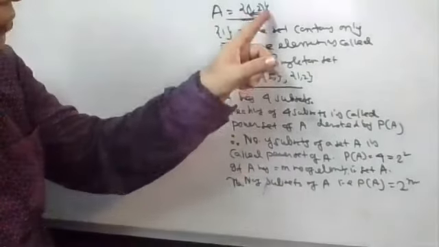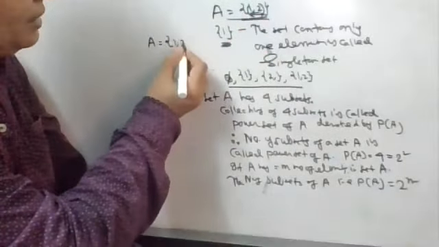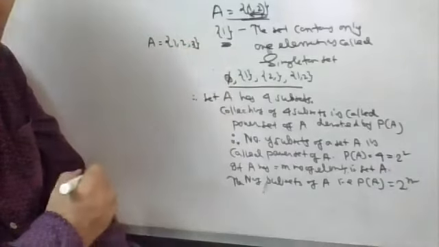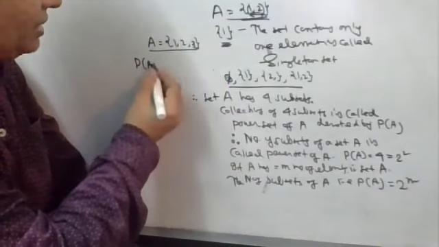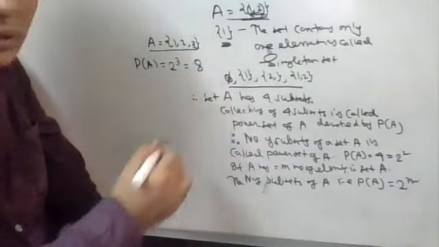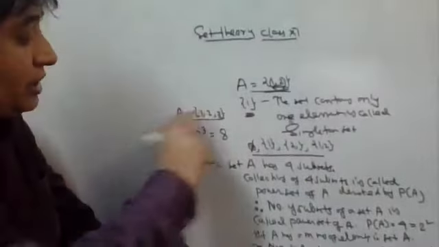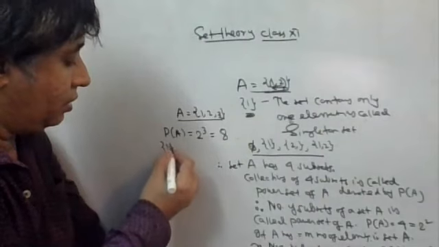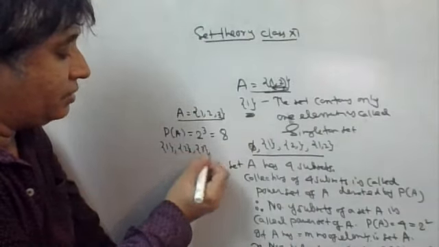Now easily you can say, if a set contains 3 elements, then the power set has 2 to the power 3, which means 2 cubed, 8 subsets. And if you are told to find those subsets, the singleton sets, it contains 3 singleton sets.